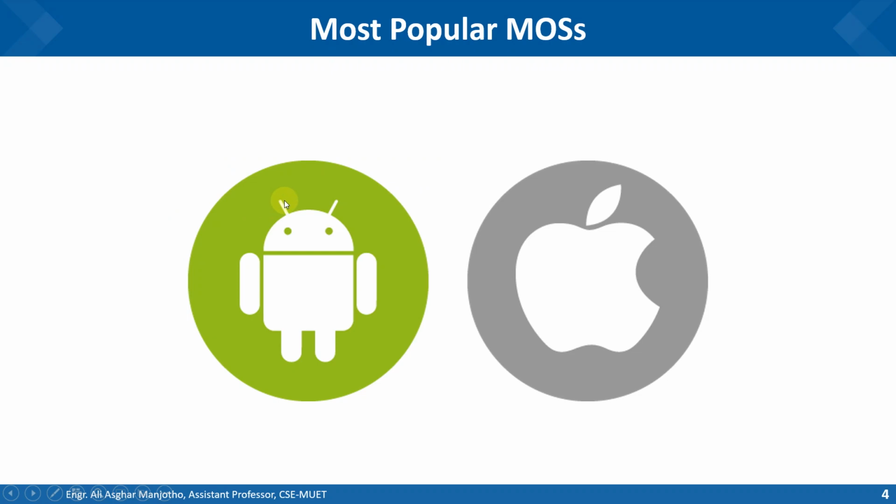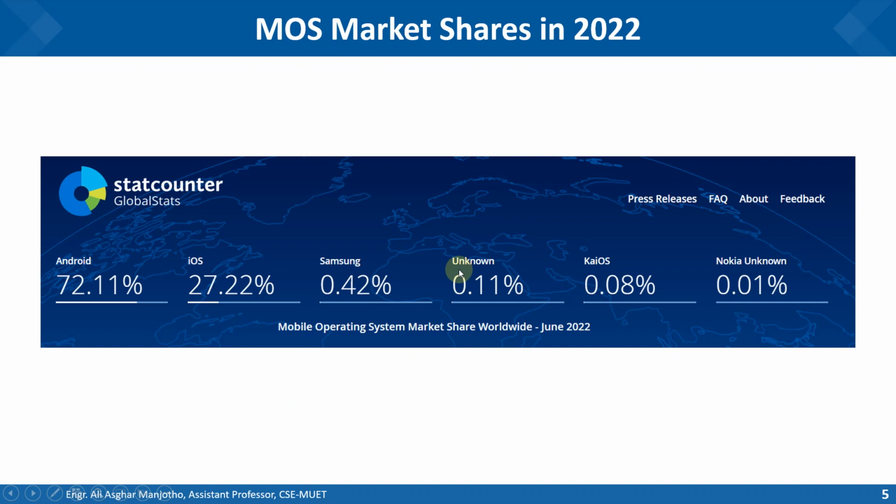So whenever you're developing mobile applications, you have to consider whether you're developing the applications for the Android operating system, or you're targeting the iPhone operating system, or you're targeting both of them.